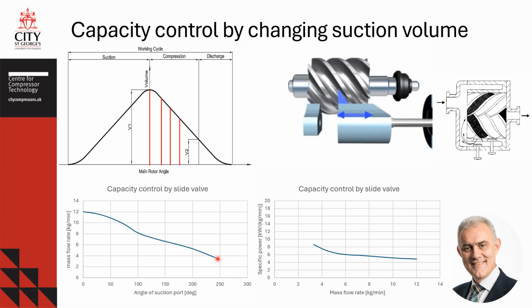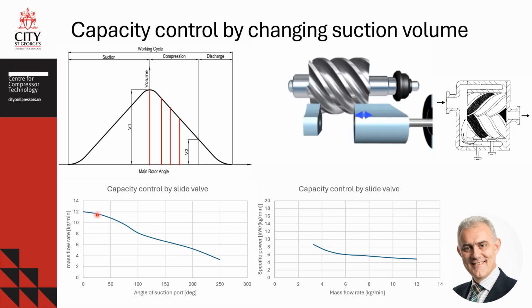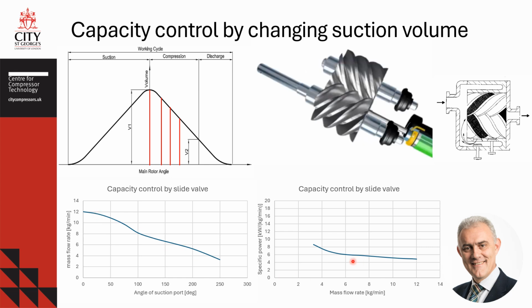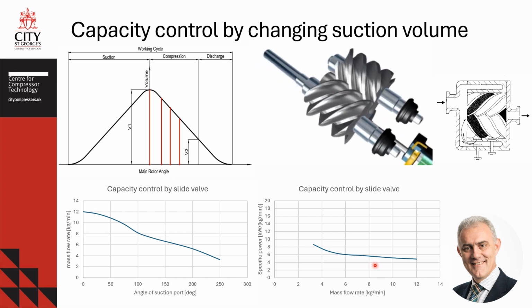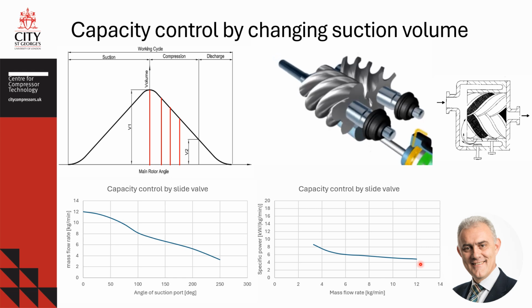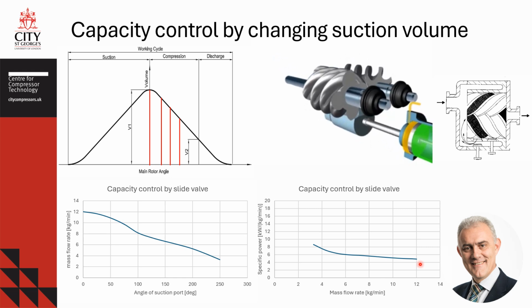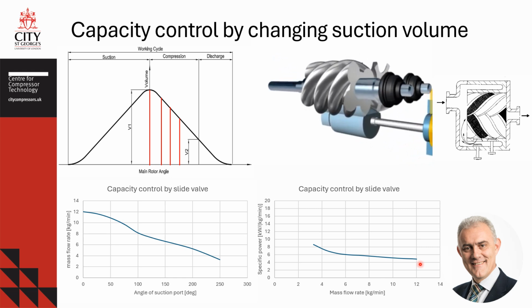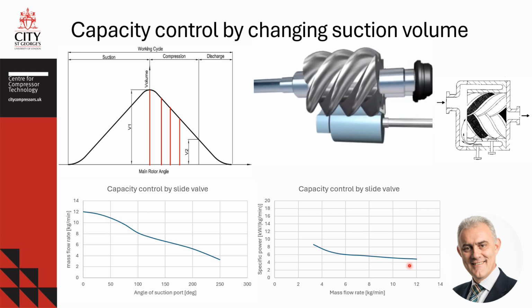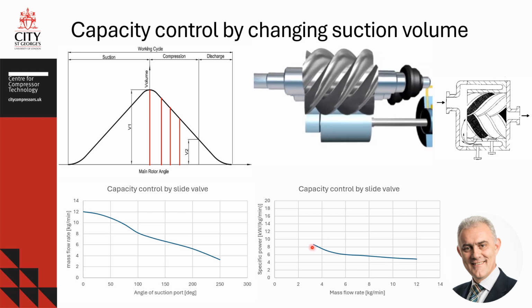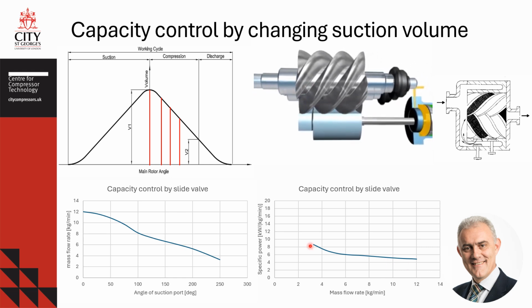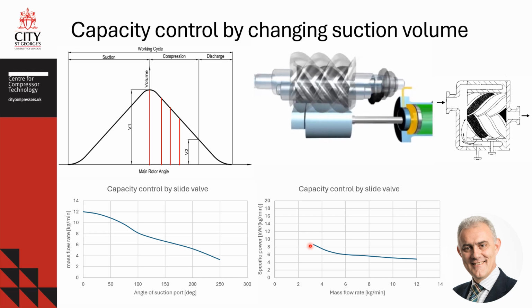The minimum capacity is then about 25% of the maximum capacity of this compressor at a constant speed of 5,500 RPM. As shown in the bottom right diagram, the specific power will increase from 5 kW per kilogram per minute at maximum capacity to around 9 kilowatts per kilogram a minute at minimum capacity.